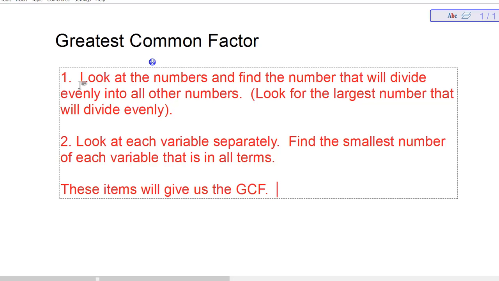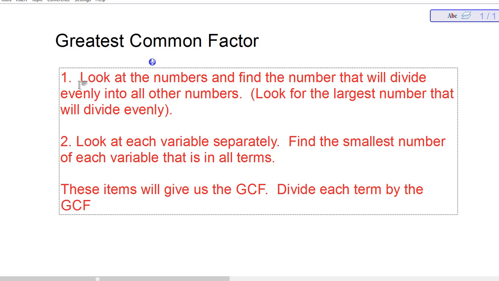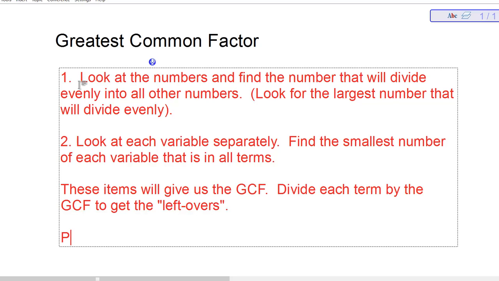And what we're going to do is divide each term by the greatest common factor to get what we call leftovers. We want to place the greatest common factor outside the parentheses.